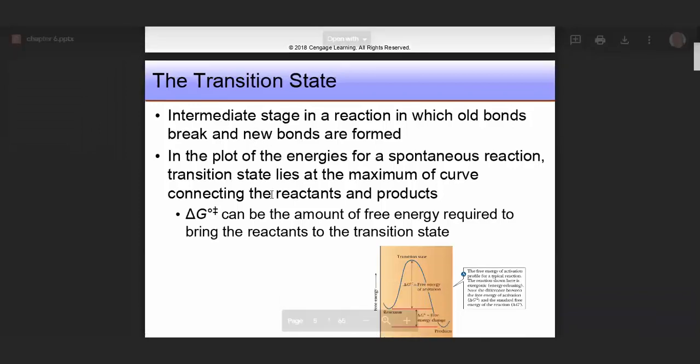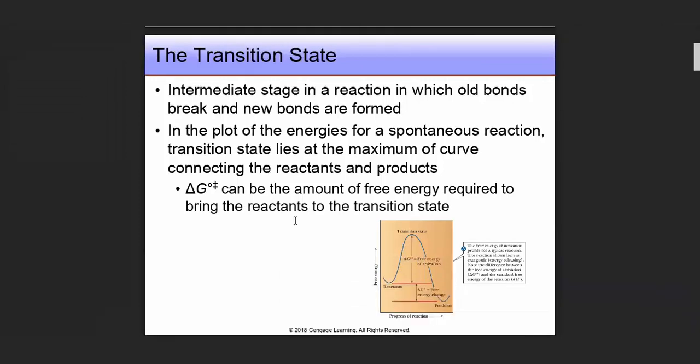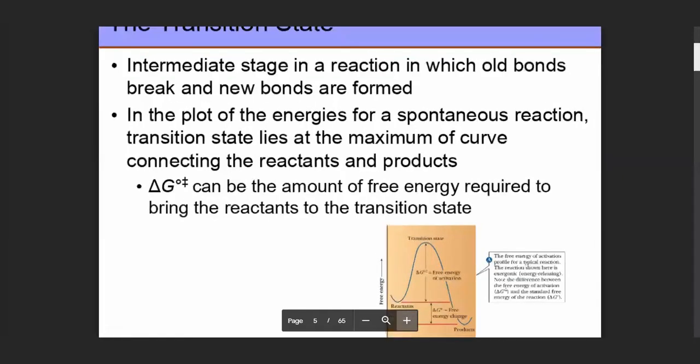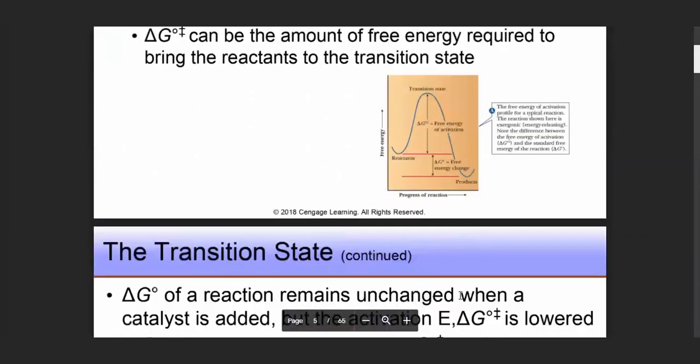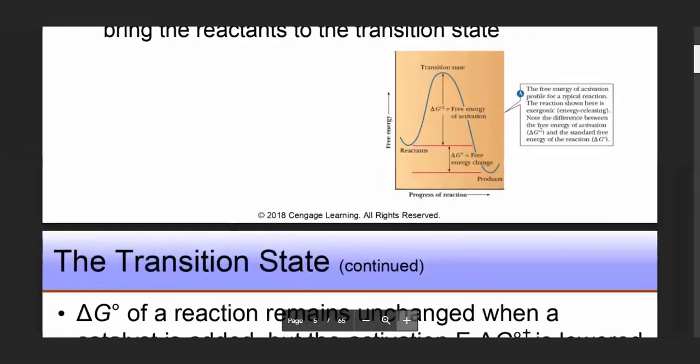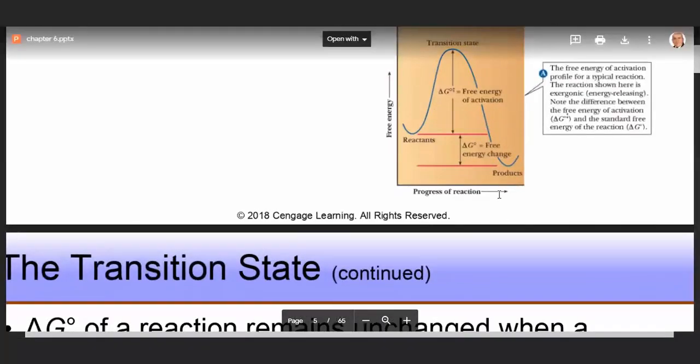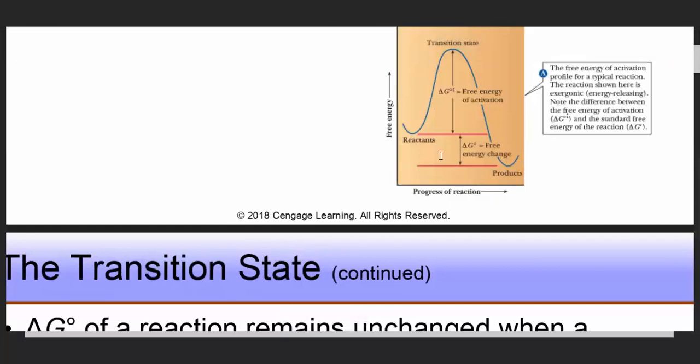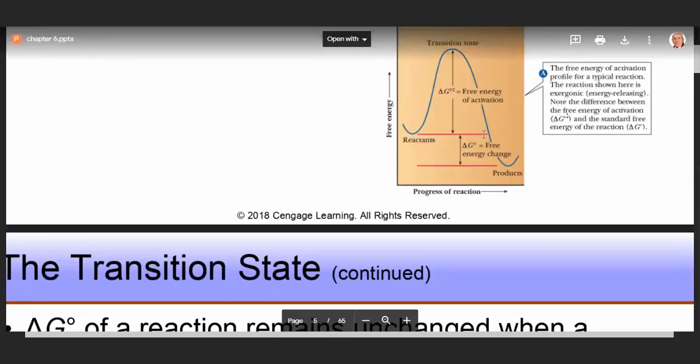Now, there is something called the transition state. You see, this is activation energy, and its relationship to the free energy change of a reaction can be shown schematically by this.